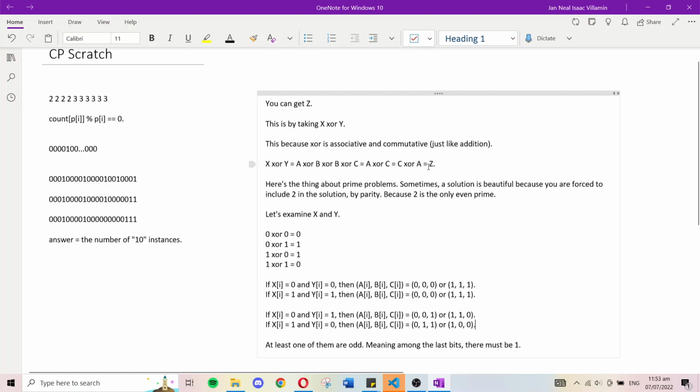But when we take z, z is x xor y. So if z is x xor y, this becomes all of them become 0, then here all of them become 0 as well. Wait a minute.